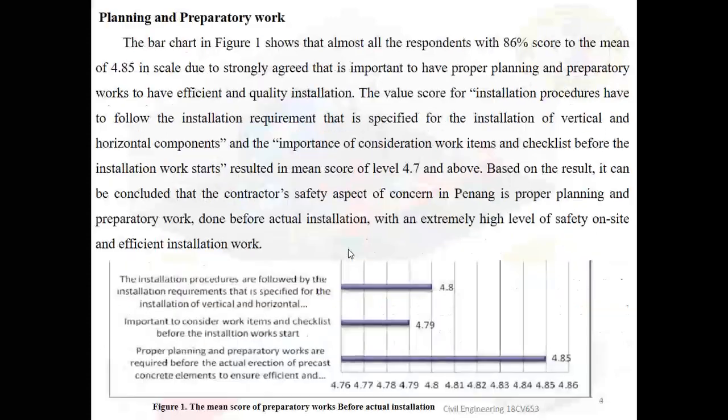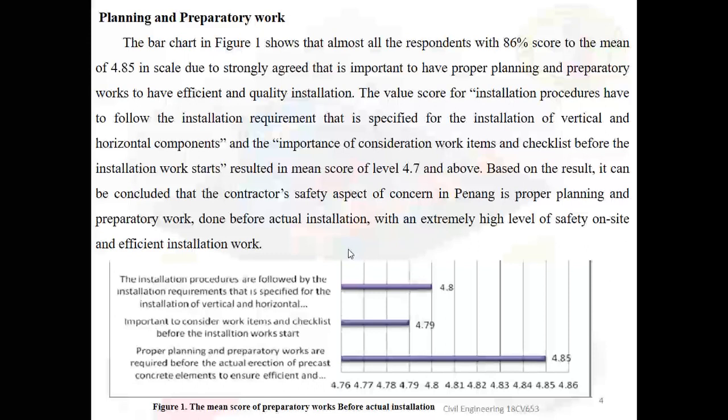So the data was collected. Planning and preparation work. The bar chart in Figure 1 shows that almost all the respondents, so we can see this bar chart, I will explain it. Almost all the respondents, with 86% scoring a mean of 4.85 on the scale, strongly agreed that it is important to improve the planning and preparatory works to have efficient and quality installation.